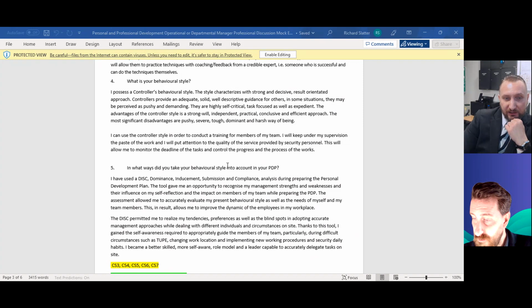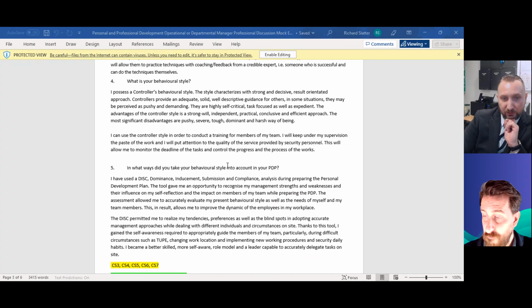They are highly self-critical, task-focused, as well as practical. The advantages of the controller style are a strong will, an independent, practical, conclusive, and efficient approach. The most significant disadvantage of the style is being pushy, severe, tough, dominant, and harsh, and possessing a harsh way of being.